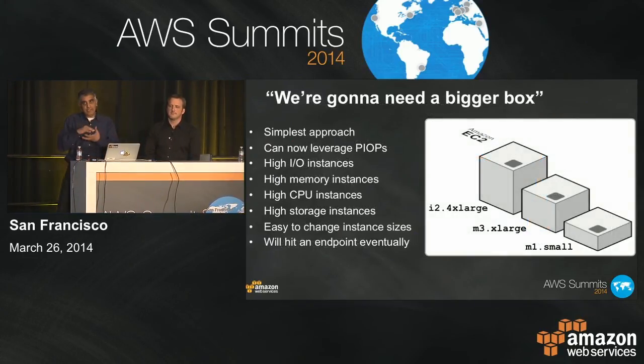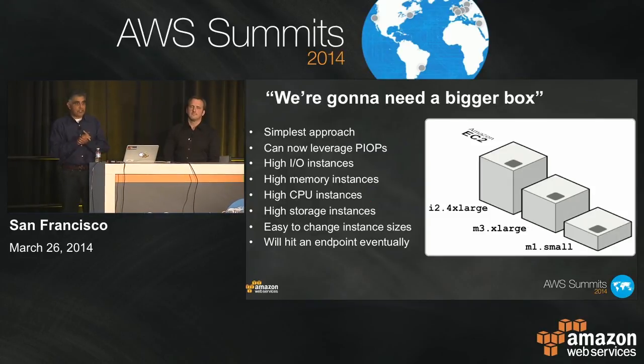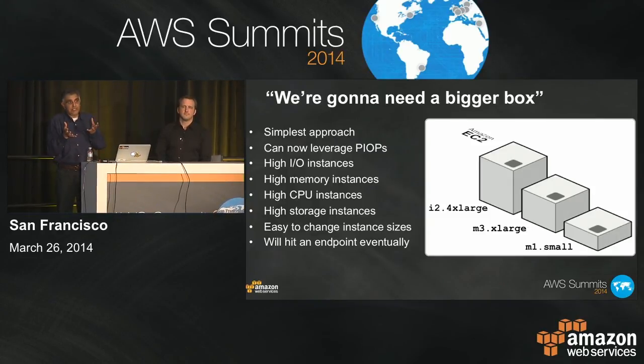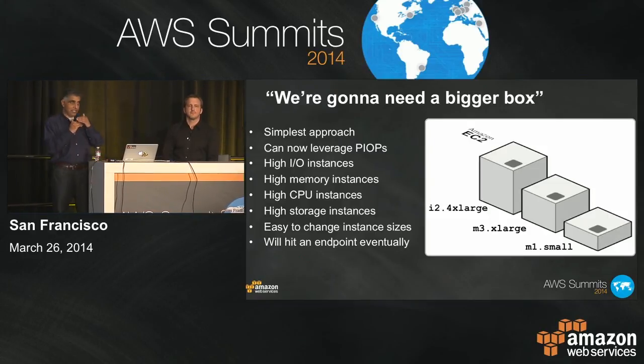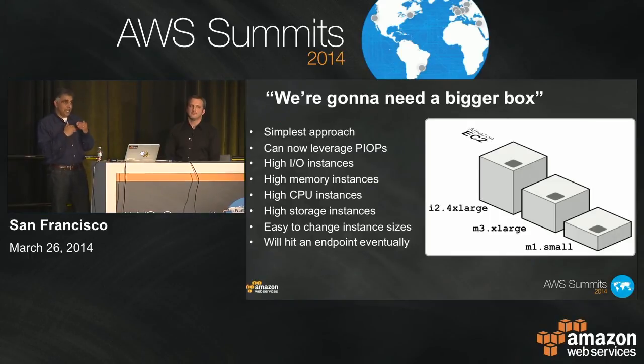Now, as you're scaling, one of the issues that might happen is, well, the machine isn't big enough, right? Which happens often because more people are coming or you're testing and not doing other things. So you're going to vertically scale. In the EC2 family, we have about 20 instances now, and we break them up into different families: high CPU, high storage, high I/O.